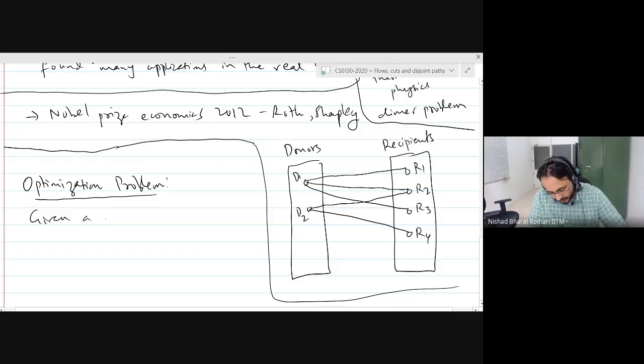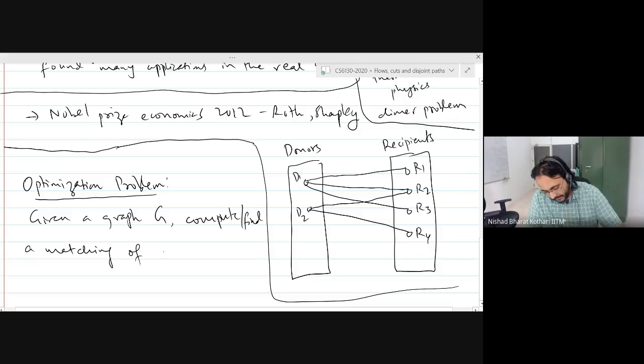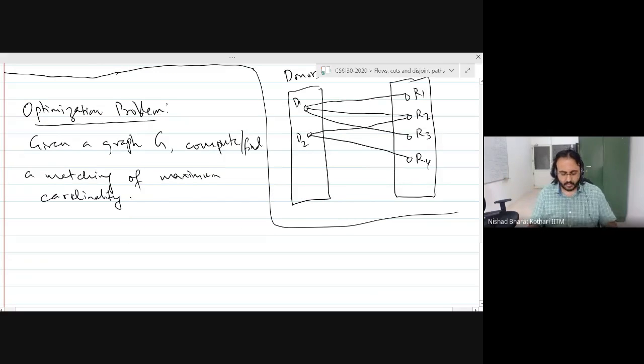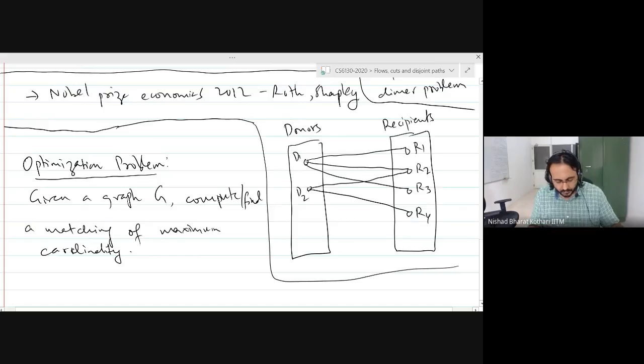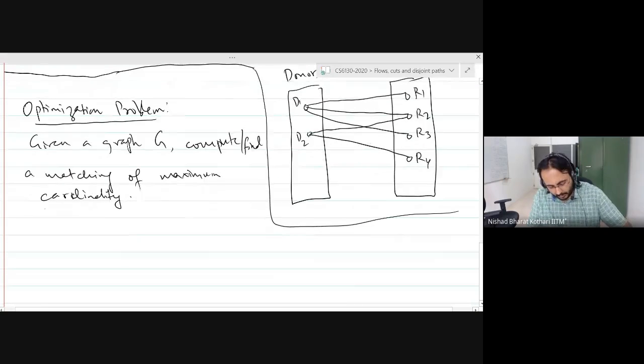Given a graph G, compute or find a matching of maximum cardinality. That problem is not trivial.